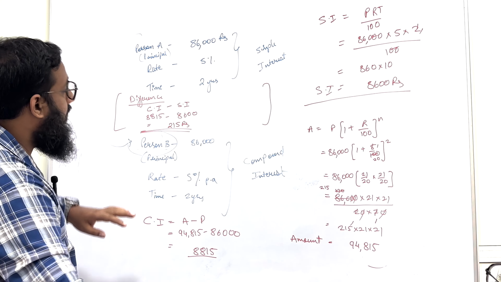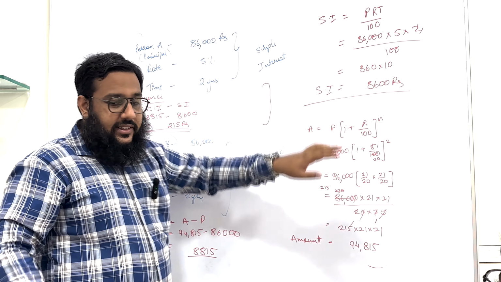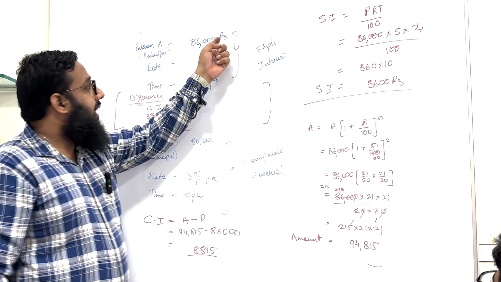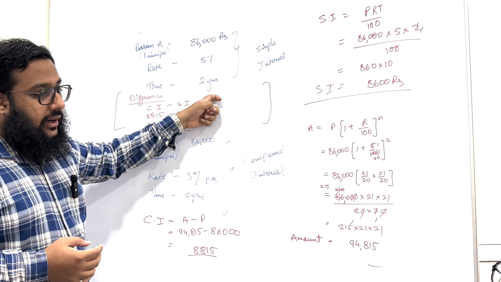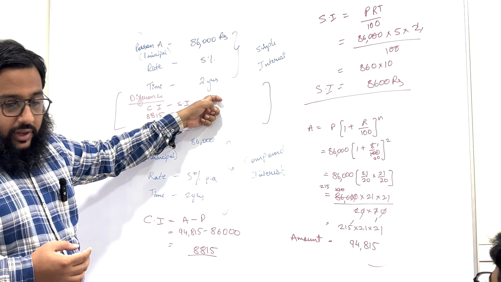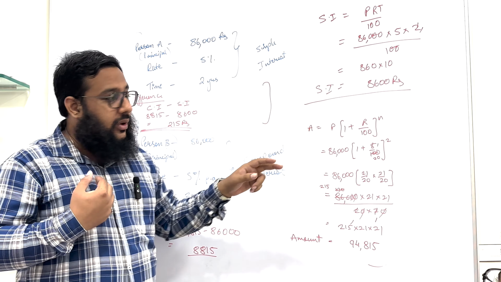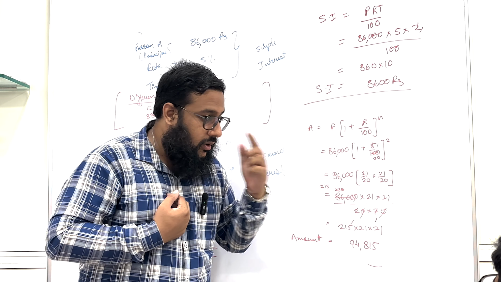See, again I'm explaining. Person A, for example, Faizan, if Faizan has taken 86,000 from me at 5% and the time is 2 years, okay. So if you calculate the interest he has to pay, he will pay me 8,600 as interest.